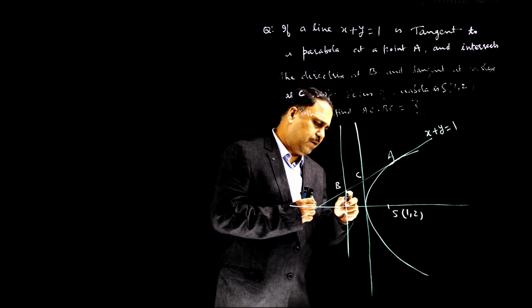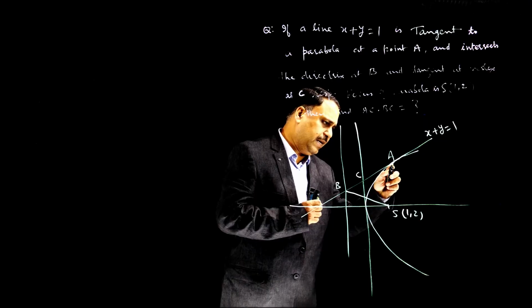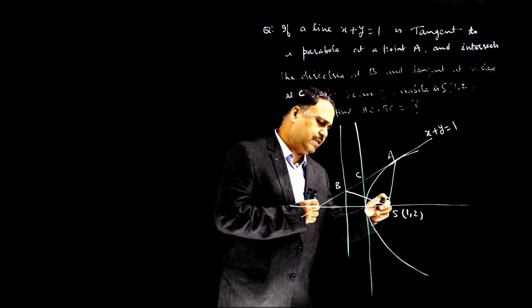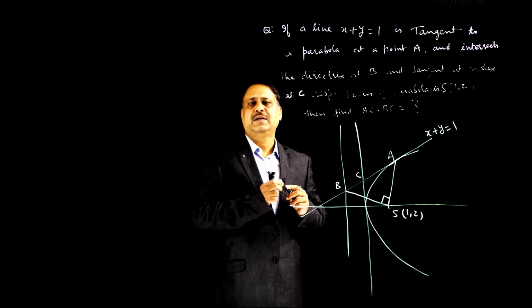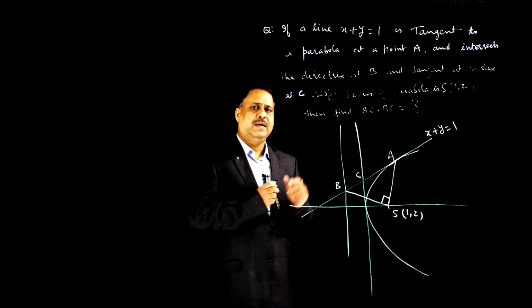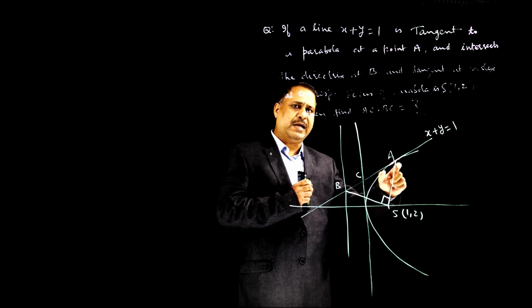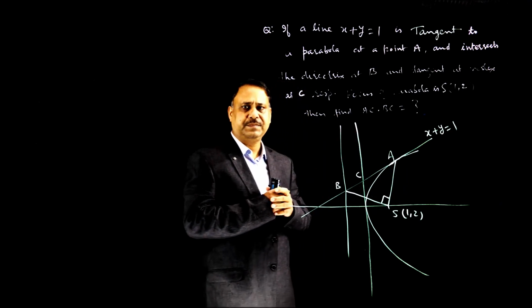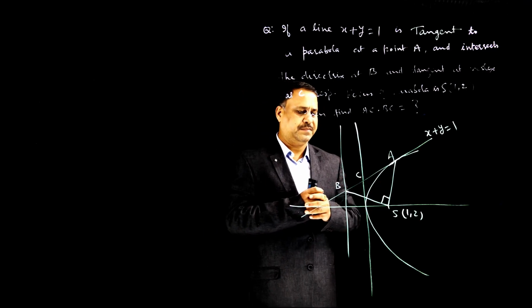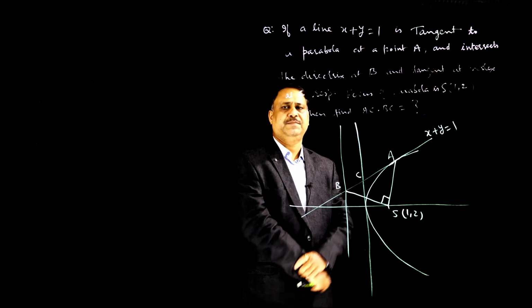That means this portion AB will subtend a right angle here at the focus. The portion of the tangent intercepted between the point of contact and the directrix subtends a right angle at the focus. This is 90 degrees.